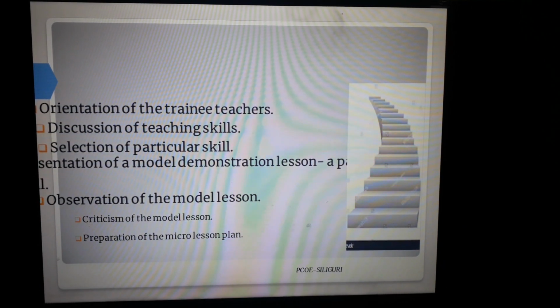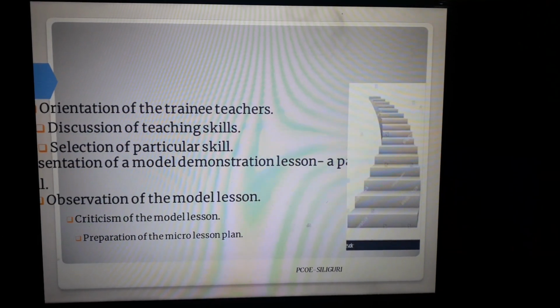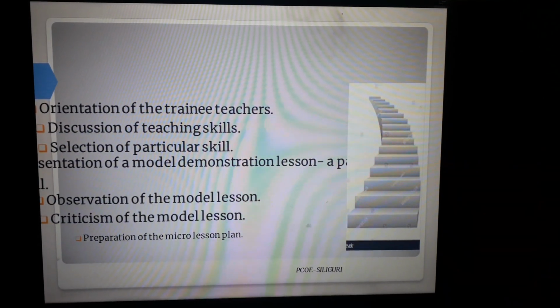They will observe the demonstration. Next step is criticism of model lesson, and observer will criticize the model demonstration, whether it was wrong or right.